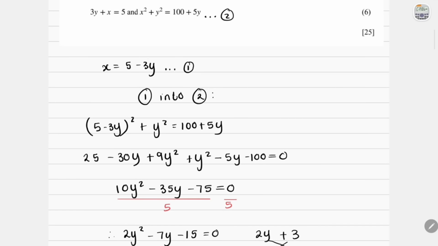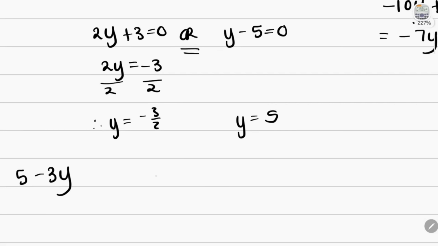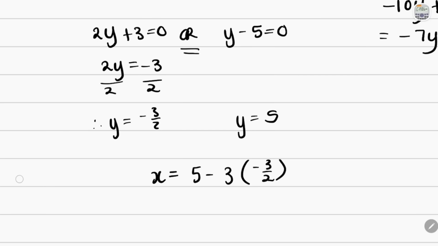It's best to use equation 1 because it already had x as a subject. So 5 minus 3y is what we have. So this is x. So x is finally equal to 5 minus 3 times negative 3 over 2. And that becomes positive 9 over 2.